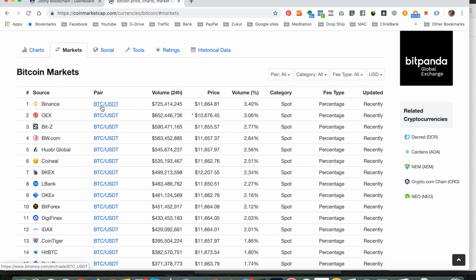This first one says Bitcoin with USDT, which is a cryptocurrency called Tether. The next column along, you'll see is the trading volume in the last 24 hours. So on Binance, the trading volume between Bitcoin and Tether in the last 24 hours is this much, okay? And the price is this.